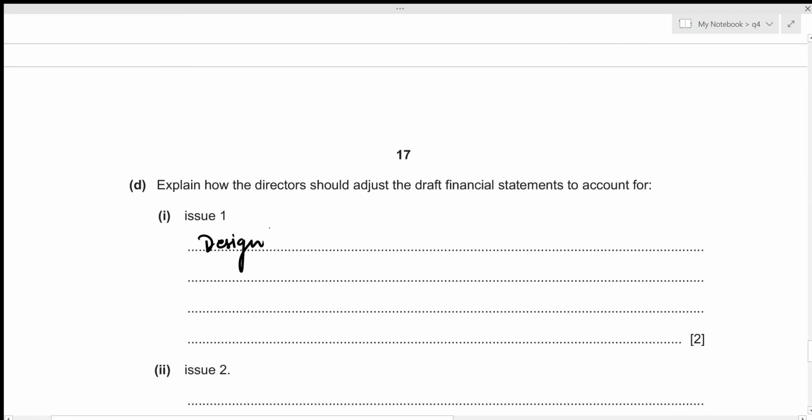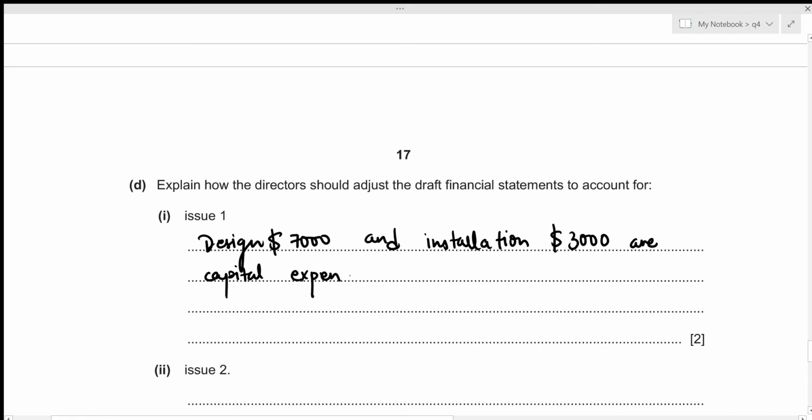So design 7,000 and installation 3,000 are capital expenditure which are non-recurring expenses.